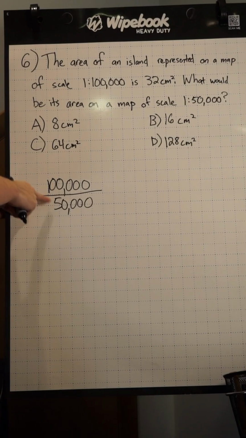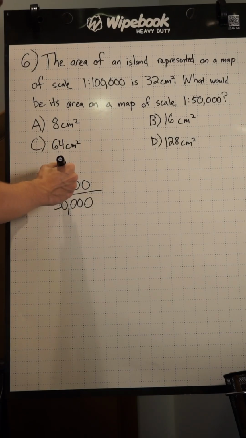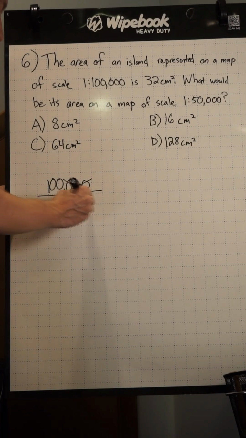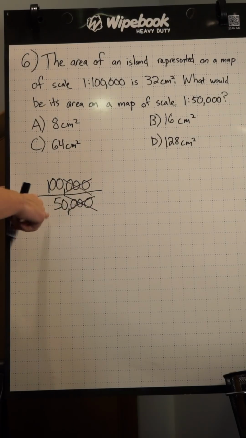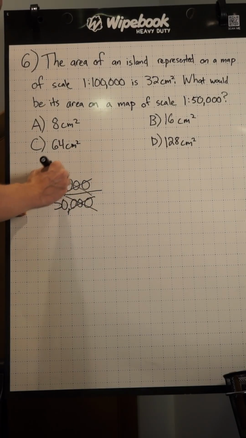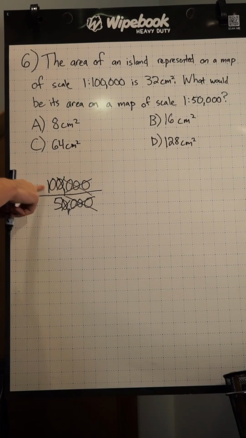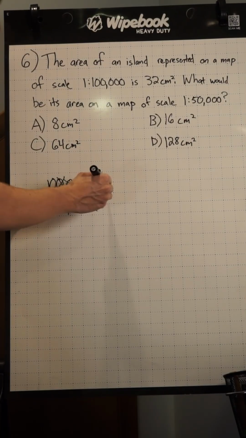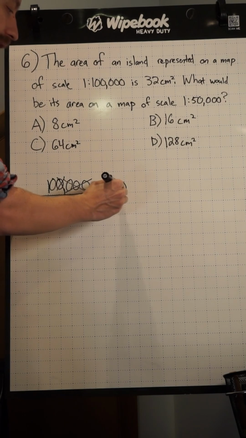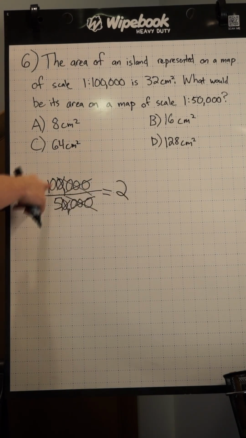So 100,000 divided by 50,000. We can knock off these zeros. 100 divided by 50, or the same as 10 divided by 5. We should all see that that is 2. So this one is 2 times this one.